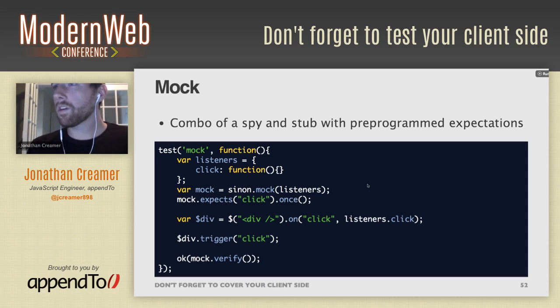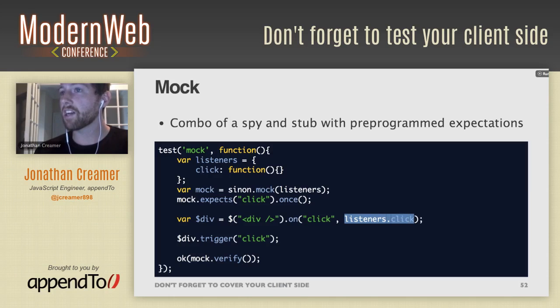And the way that it works is it's sort of a combo of a spy and a stub, but you pre-program some things into the mock and then verify them at the end. So here I say mock.expects click just once, okay, and then I'm going to pass in the original listeners.click from this object up here, and then I'm going to trigger the click very similar to how I did before.